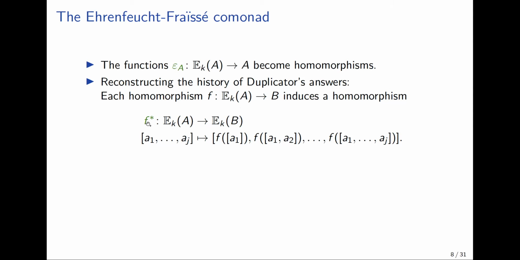But we can define a coextension of F, so F star from E_K of A to E_K of B, that takes a sequence a_1, ..., a_j, and it sends it to a sequence obtained by applying F to all the prefixes of the sequence. Right? So the first element F of a_1 will correspond to duplicator's answer in the first round, F of a_1, a_2 to duplicator's answer in the second round, and so forth. So you're kind of reconstructing the history of duplicator's answers.